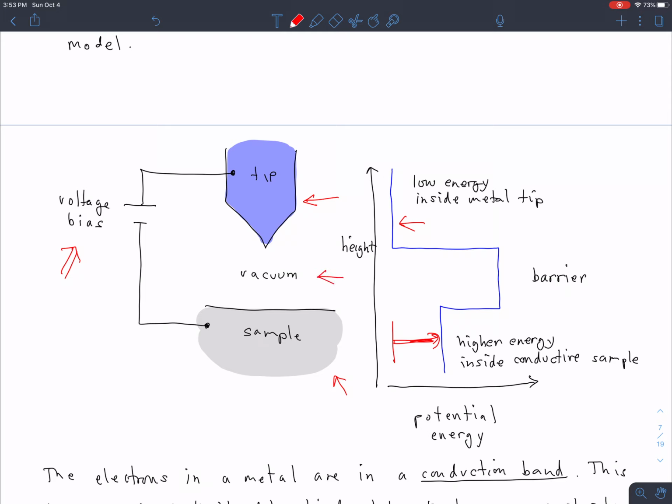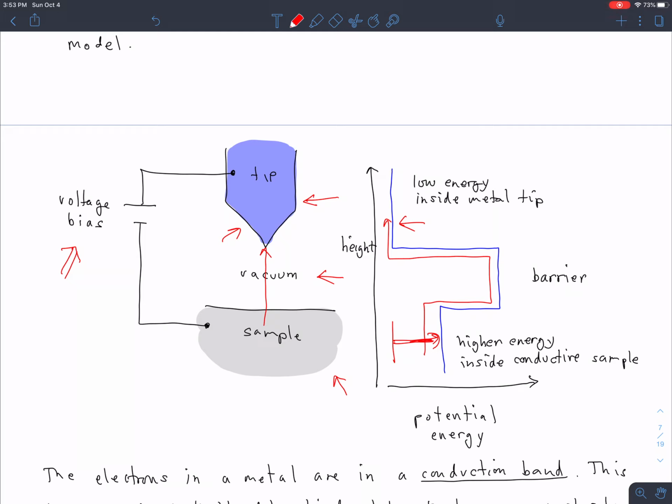So if the electron starts here and goes towards the tip, then, let me draw it more like it would actually be. It'll go to the tip first. Then its energy starts sort of medium, then it gets very high because we're in vacuum, and then it goes back down to the lowest energy possible when it's in the tip.